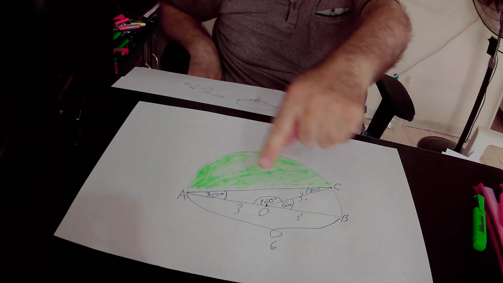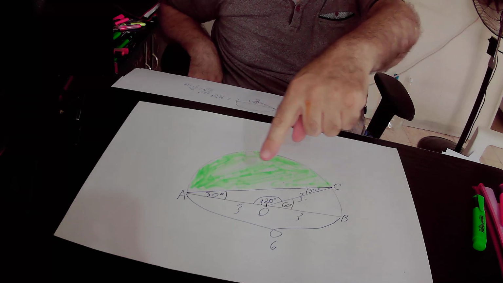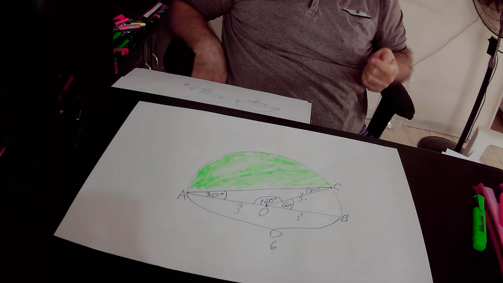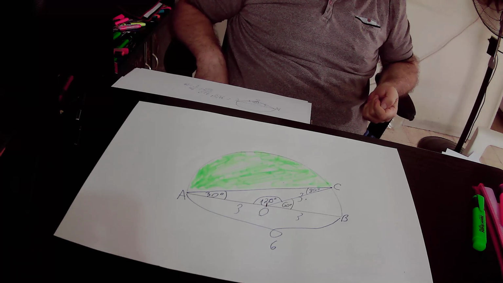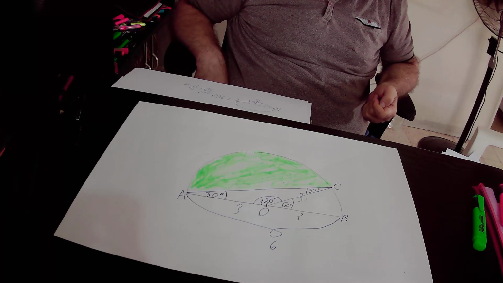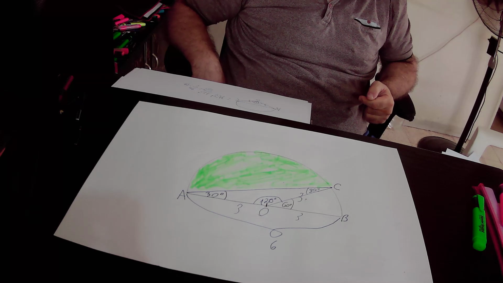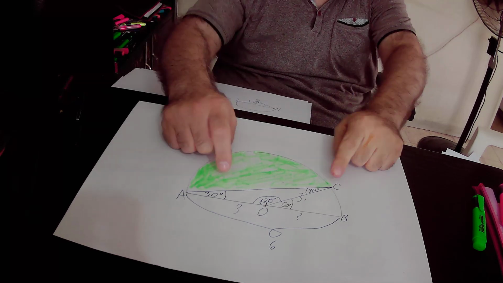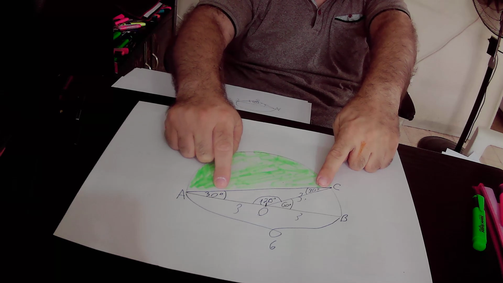So in triangle AOC, OC equals to AO, they are both equal to 3 units, they are the radii of this semicircle, therefore they are equal to each other. And we have the rule that in front of equal sides in the triangle, there are equal angles. So those two angles that are located in front of equal sides must be equal to each other.